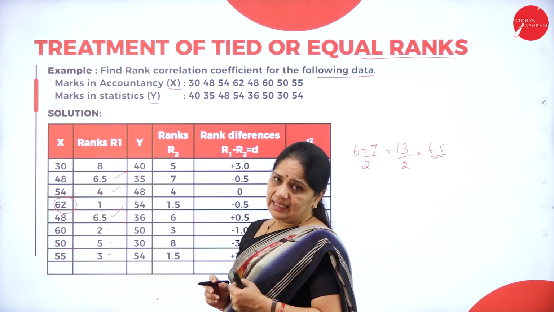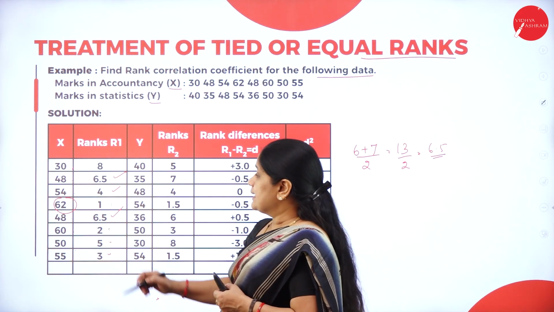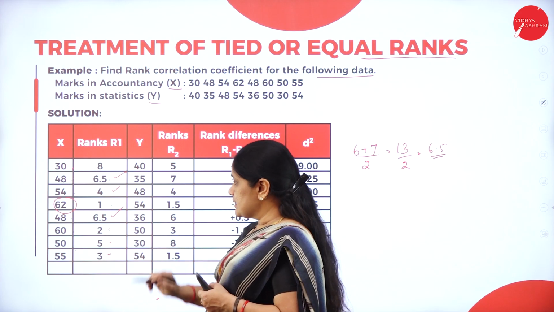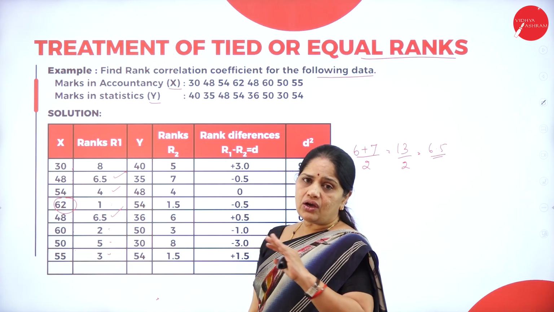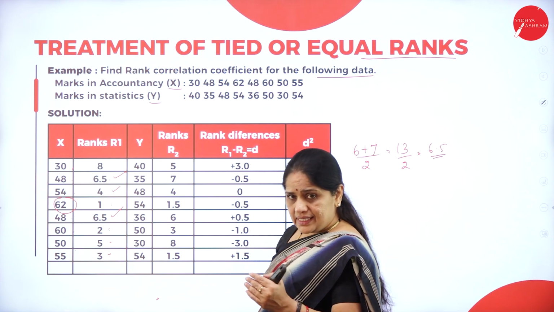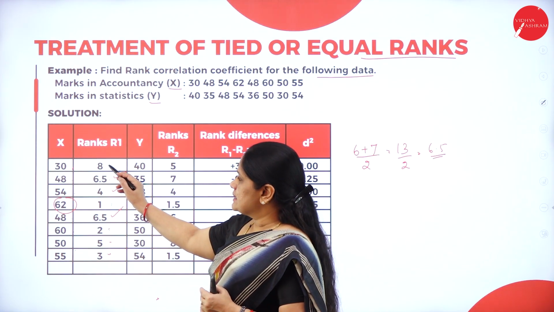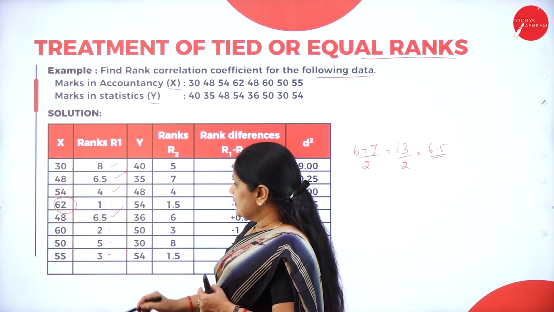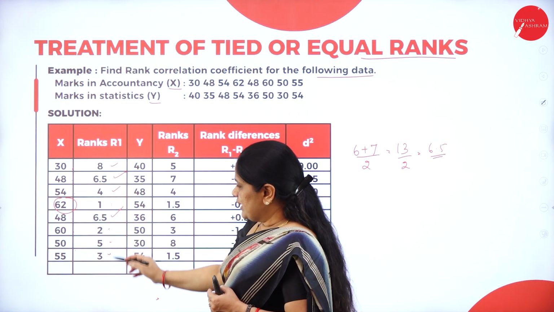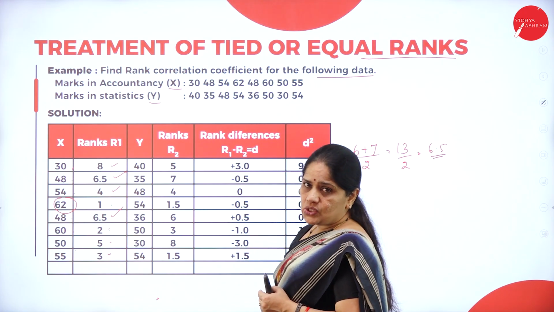So, since they are equal, I have to take the ranking as 6.5 and 6.5. Now, since the 6th and 7th rank are already over, the next smallest number will be marked as the 8th rank. So, after 48, we have the 8th rank. So we have the rankings of all the scores here.